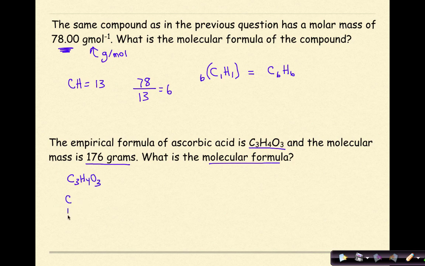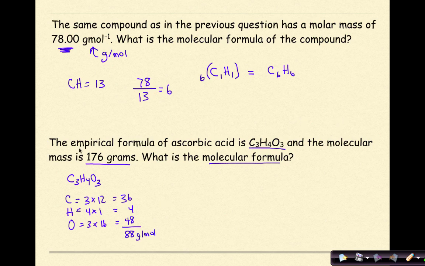So I think about this and I say, all right, I need to get the empirical mass here. So I have 3 carbons times 12, that's going to be 36. I have 4 hydrogens times 1, that's going to be 4. I have 3 oxygens times 16, that's going to be 48. And if I add all these up, it's going to be 88 grams per mole for my empirical formula mass.